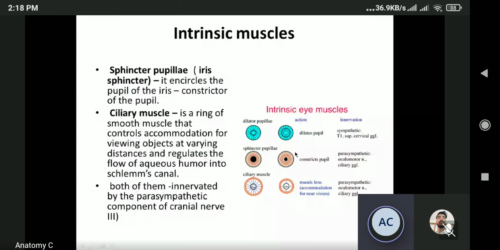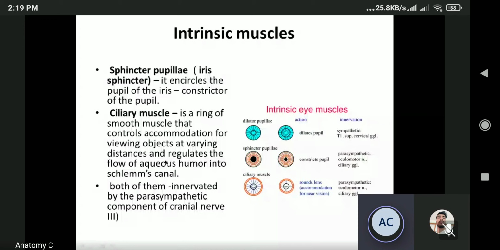Okay, and talking about the ciliary muscle, it is the ring of smooth muscle that controls the accommodation for viewing an object at variable distance. It helps in the accommodation reflex, and it regulates the flow of aqueous humor in the canal of Schlemm.